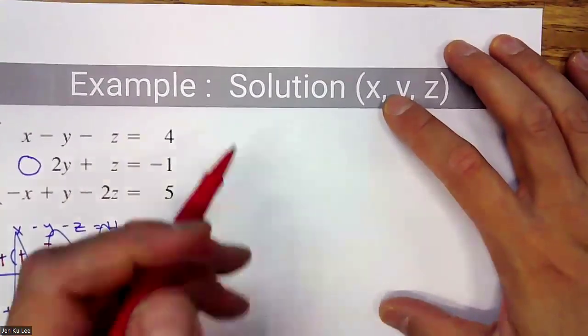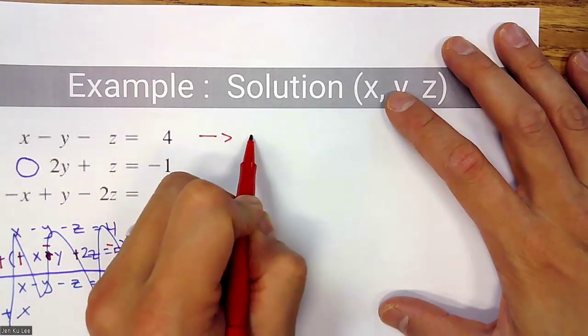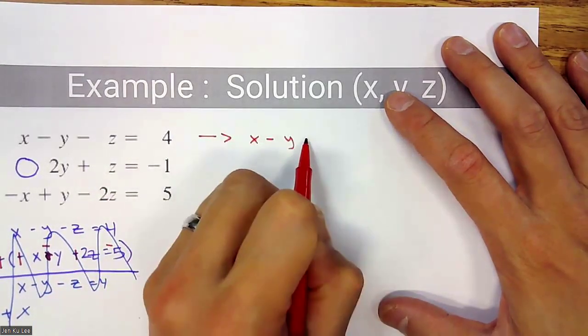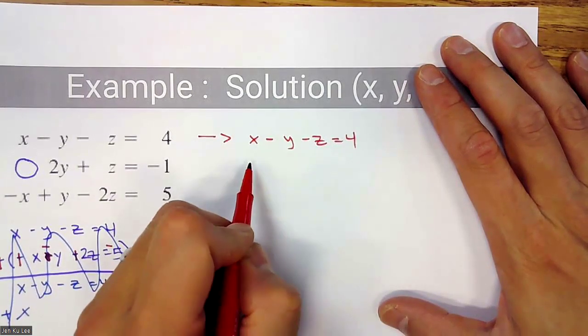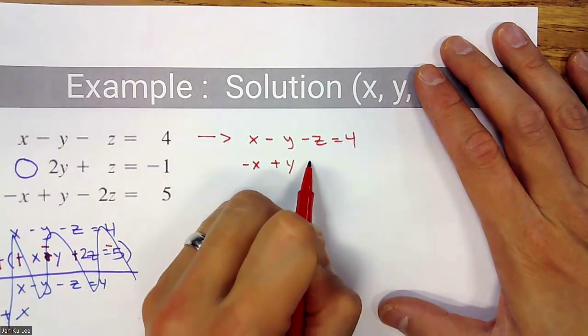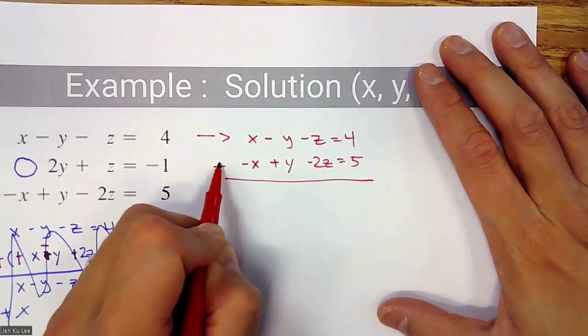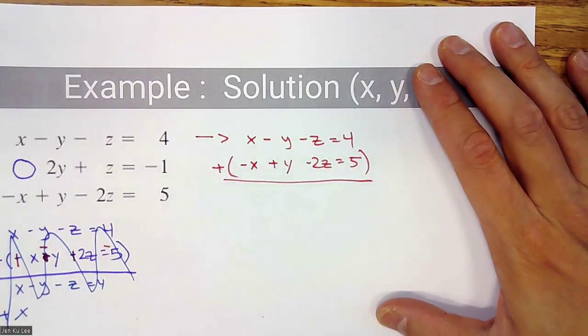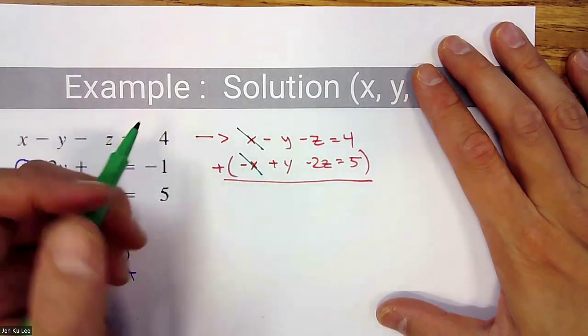Yeah. So here, I'm going to add the 2. x minus y minus z equals 4, and I have negative x plus y minus 2z equals 5. And I'm going to go ahead and add it. So x minus x, they cancel out.